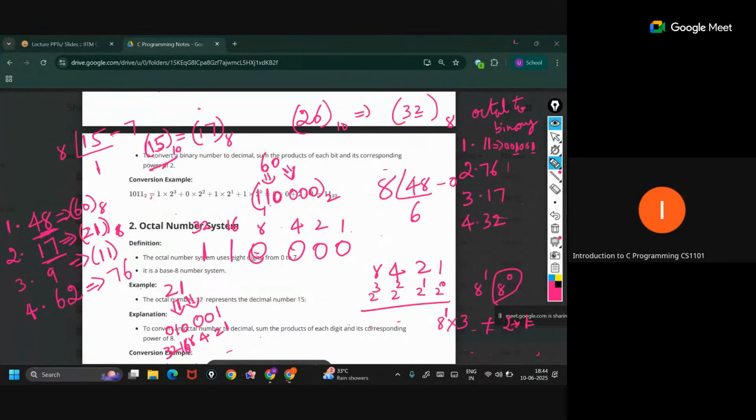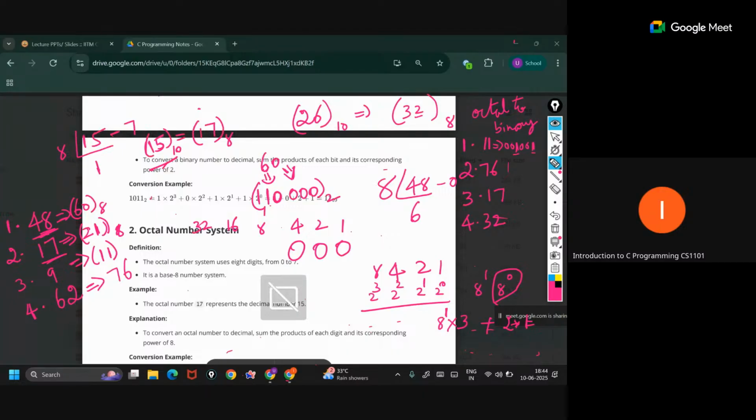Similarly for 76: for 7, which is nothing but 111. Then for 6, 110.